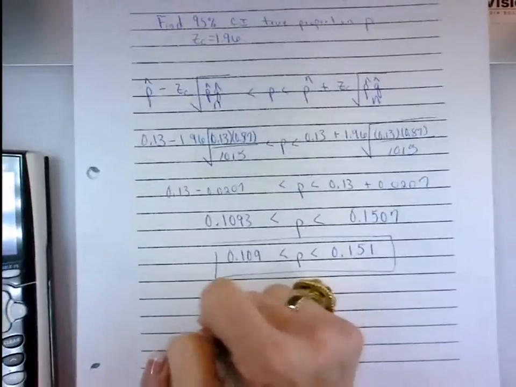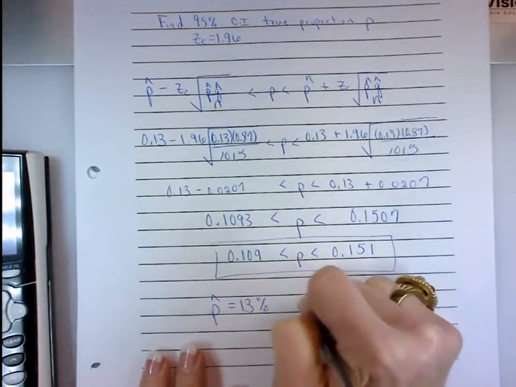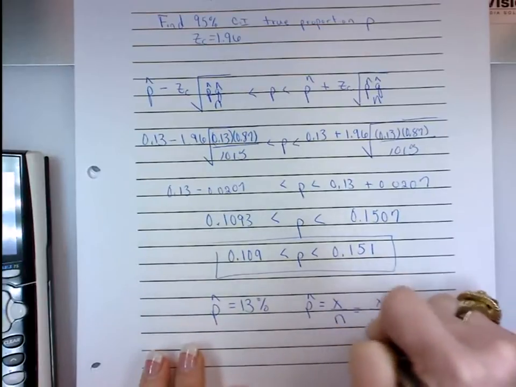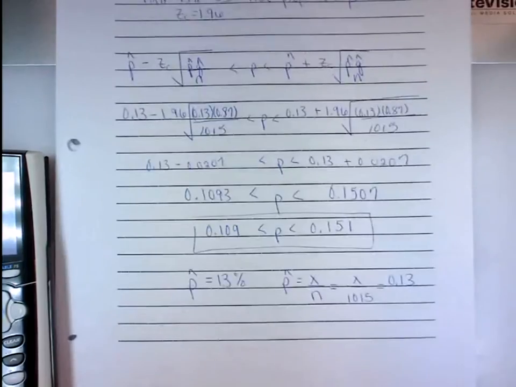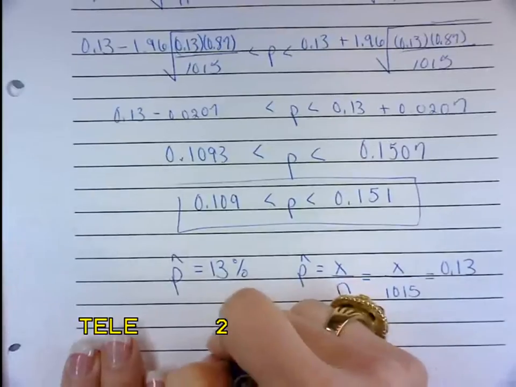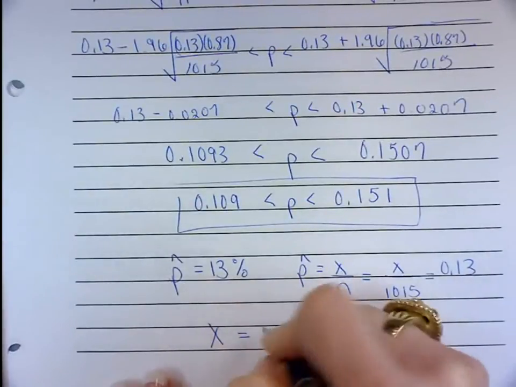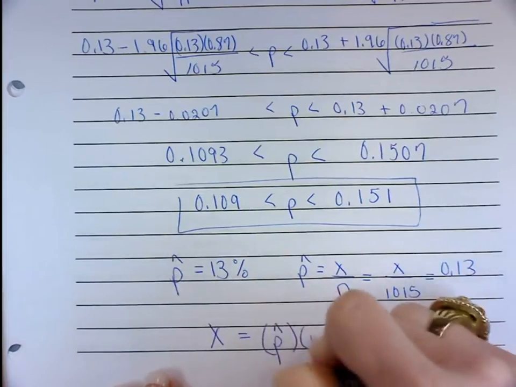Calculator. With the calculator, if you notice, they give p-hat is 13%, but p-hat is x divided by n. And n is the 1015. So we know that x over 1015 is equal to the 13%. If the word problem doesn't give you x, but your calculator calls for x, take your p-hat that they give you and multiply by n.